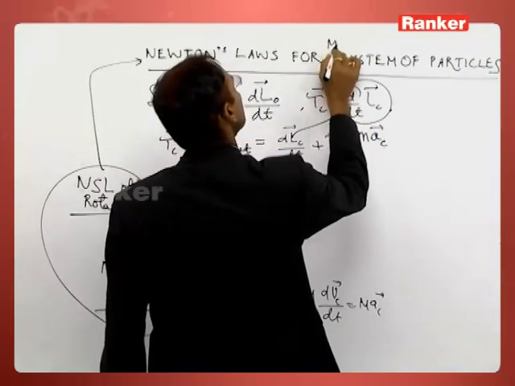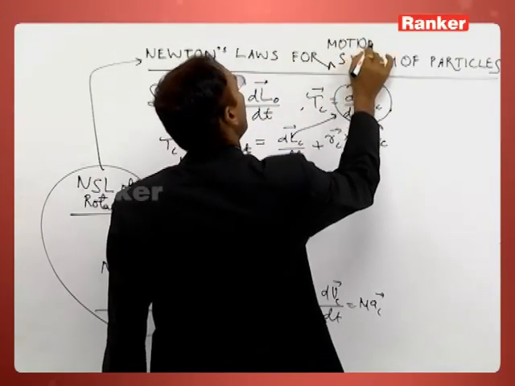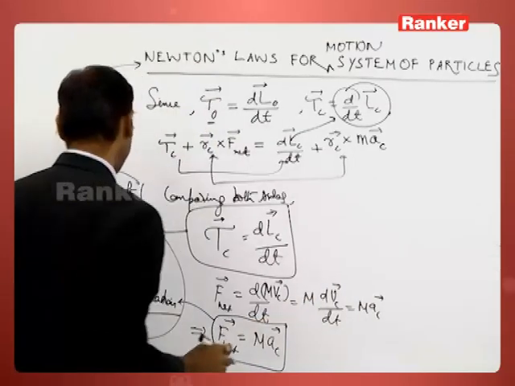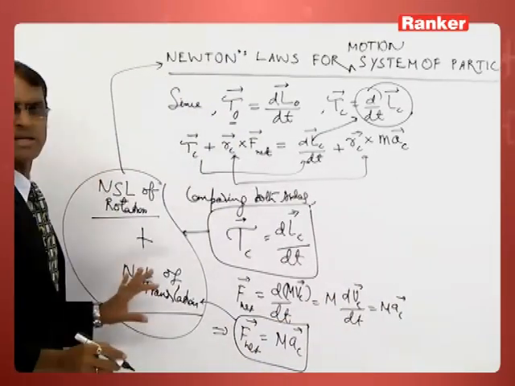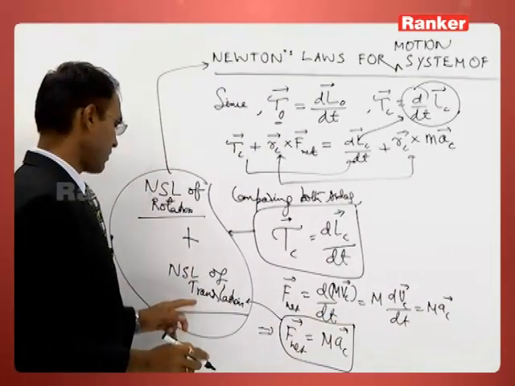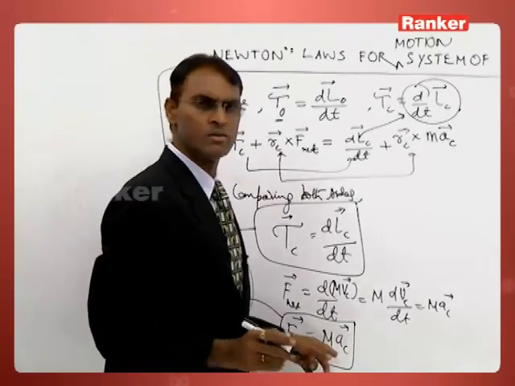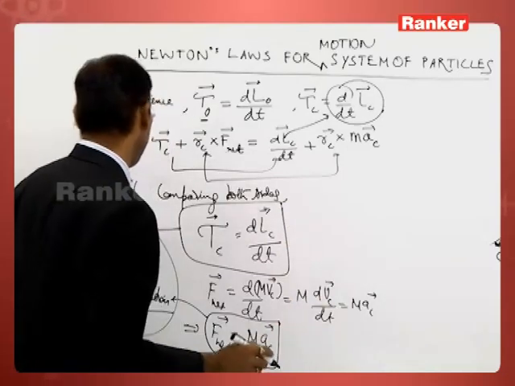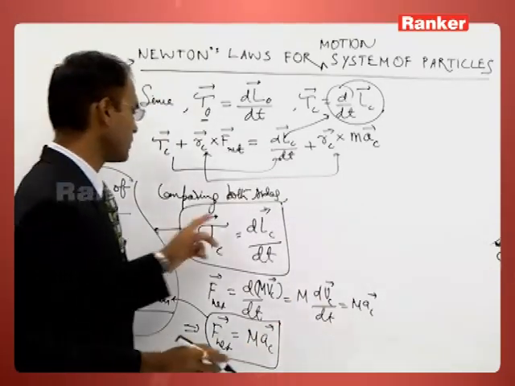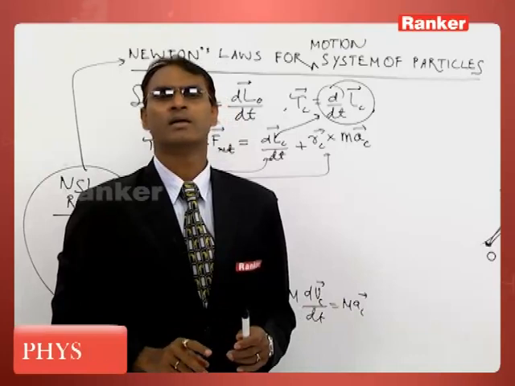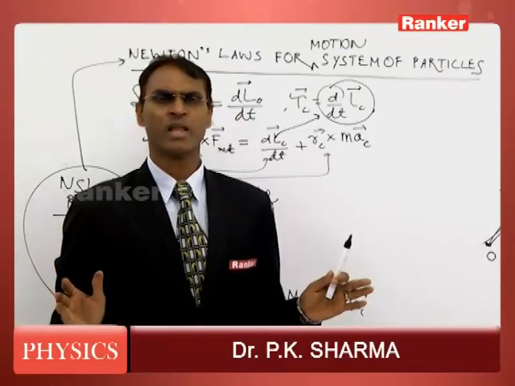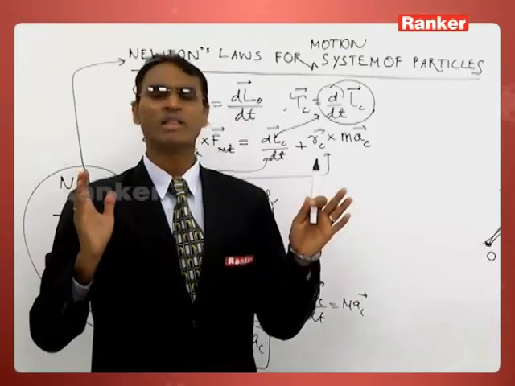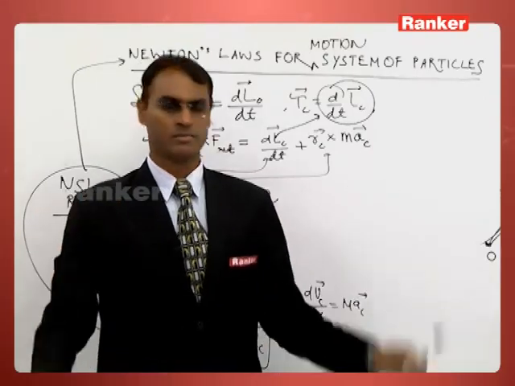For motion of a system of particles, there are two types of motion, rotation and translation. When you call it rotation, you should see whether the center of mass is moving or not. If you say rotation, you should see whether the system possesses a non-zero angular momentum with respect to the center of mass or not.